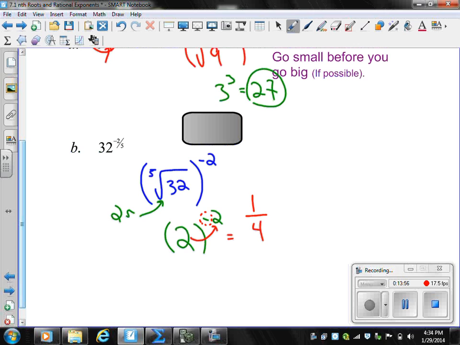So as a check here, again, I'm going to go back to my original problem, and I see that 32 is being raised to a fractional exponent, 2/5, that's less than 1. I'm going to expect to get a number that's less than 32, and then because of the negative, I'm going to take the reciprocal of that number. So yes, 32 to the 2/5 would be 4, but then it's a -2/5, so I'm going to flip that, and I'm going to get a quarter.